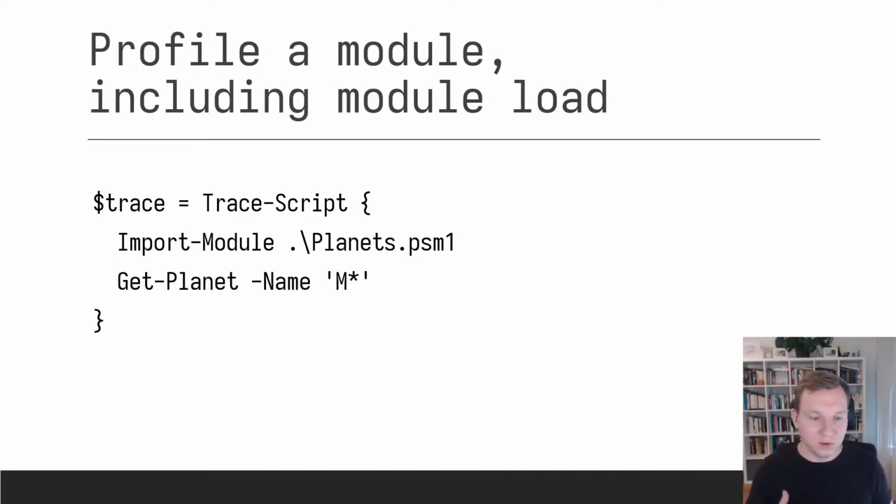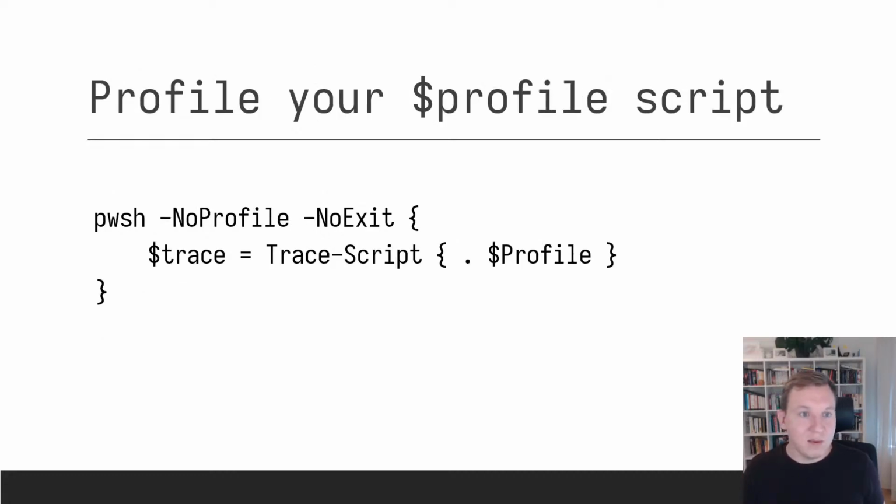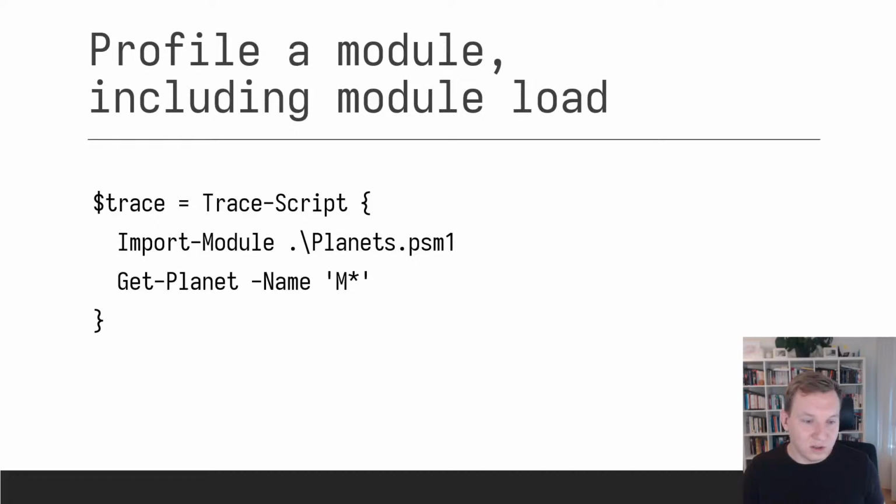So for example, if your module typically just runs once, maybe inside of a CI pipeline, and you want the performance to be fast, including the load of the module, this is how you can profile it. Or maybe your function is called multiple times and the import module is just called once, so you would take this line and exclude it from the script block. You would move it up here, and then it would just profile the Get-Planet function. So those are different approaches that you can use.